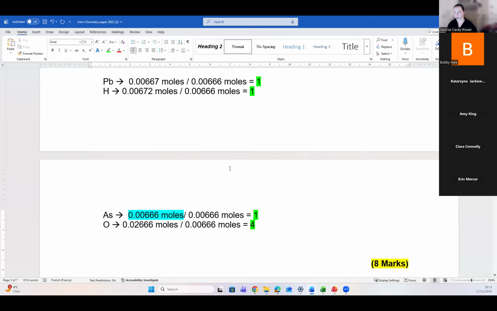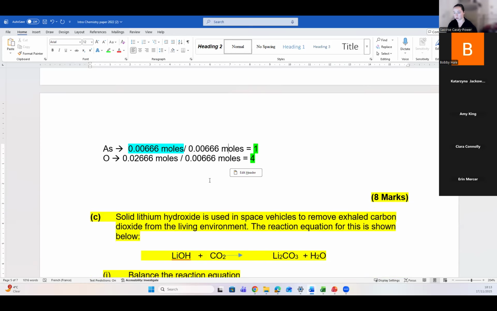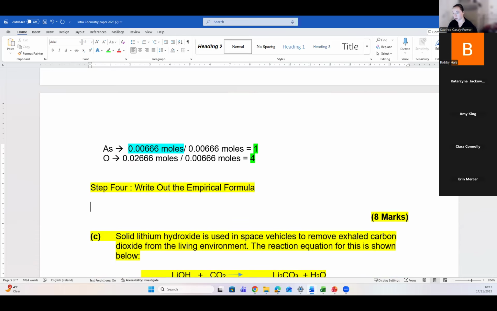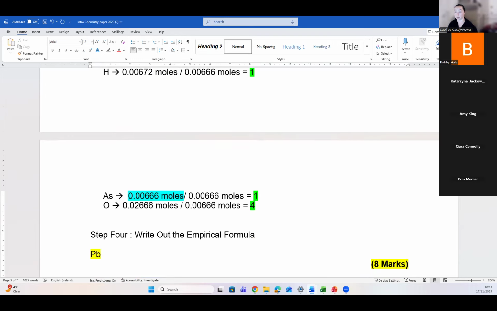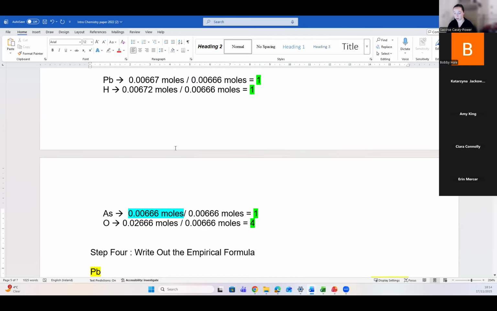So what I would do at this stage, your step 4, is to write out the empirical formula. I'm just going to write all of the elements that we have and leave a space between them: our lead, our hydrogen, our arsenic, and our oxygen.